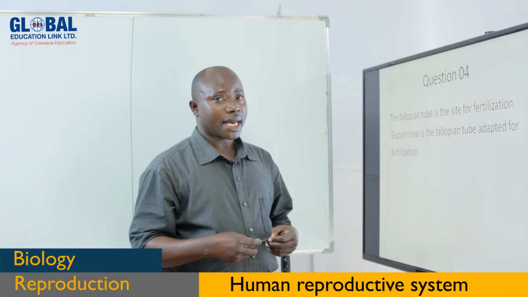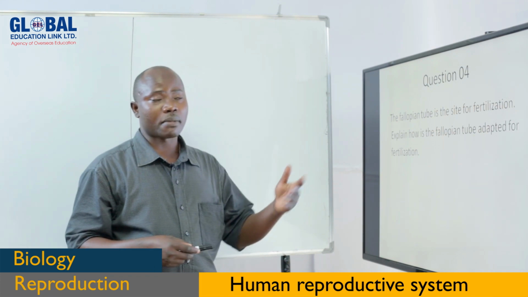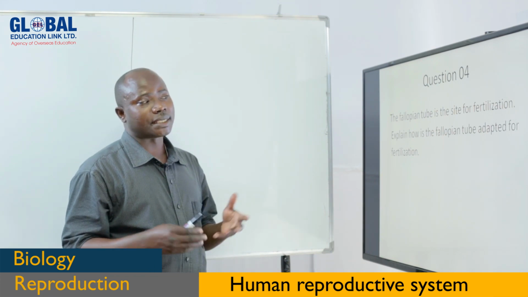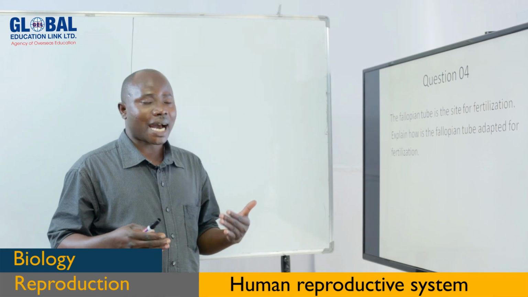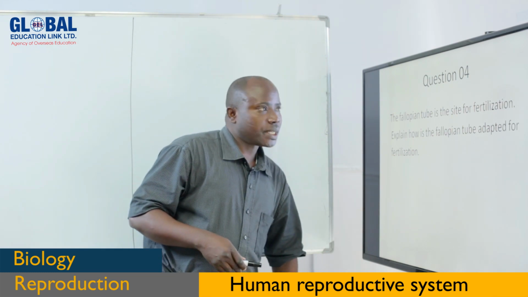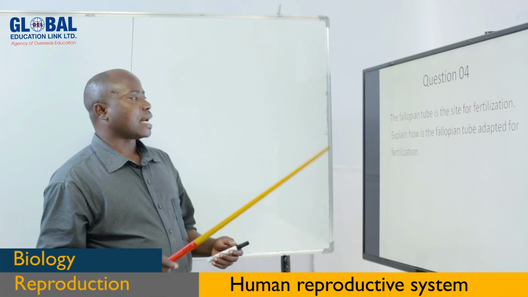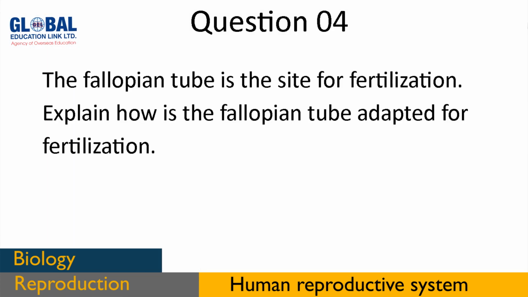Therefore, let me take you to question number 4 so that we can see how this question can be answered. This question asks as follows: the fallopian tube is the site for fertilization. Explain how the fallopian tube is adapted for fertilization.